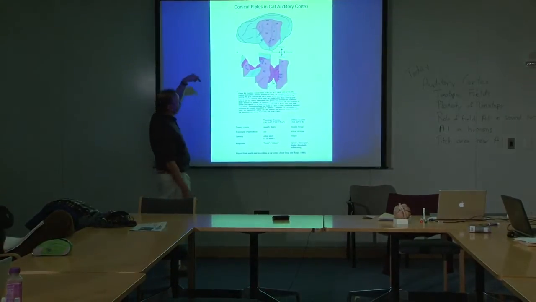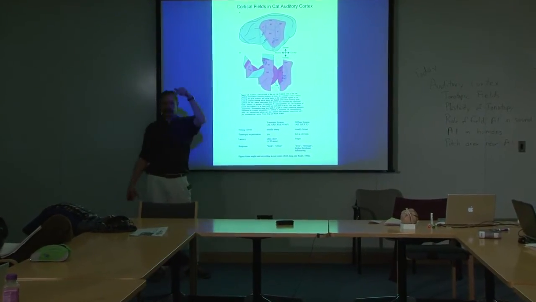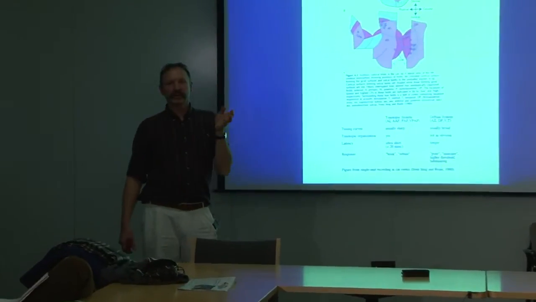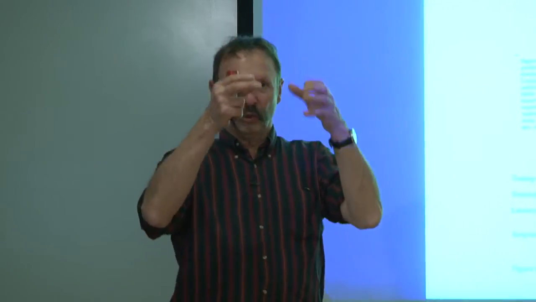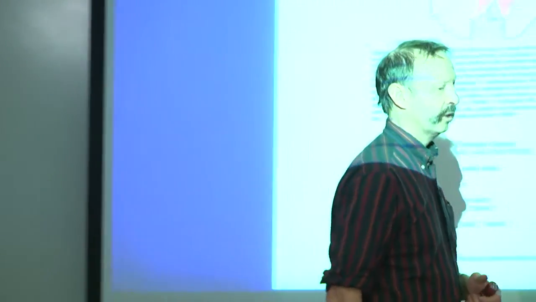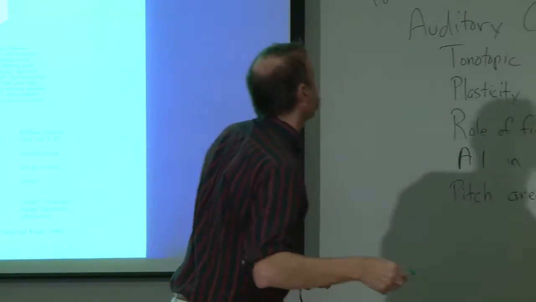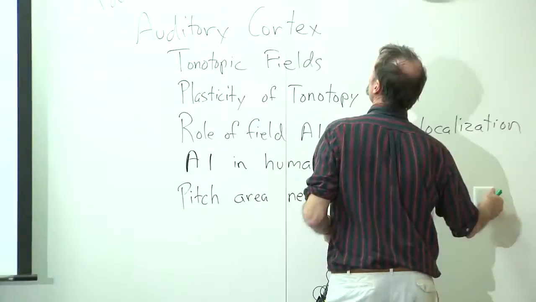Okay, and you find that if you go down through all those layers and make recordings in the different layers, all of the neurons in one cortical penetration with your electrode have the same CF. So of course we want to measure the characteristic frequency from the tuning curve, just like we do in other places. And if you do that, in these recordings you find that they all have the same CF. And that's like going down through a cortical column, right? So columnar organization is very important in cortex.